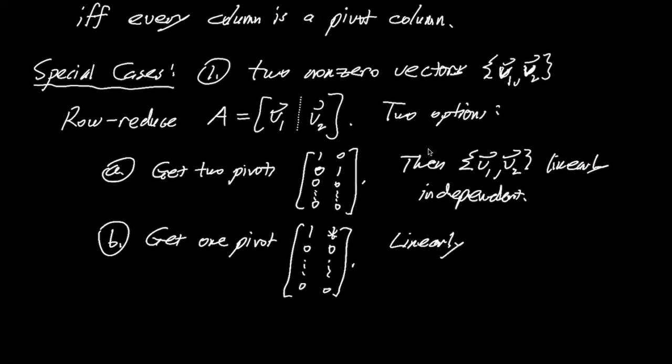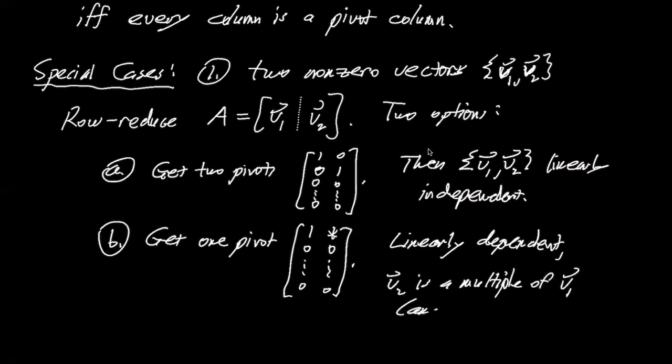But moreover, we can see that v2 is a multiple of v1, or vice versa. Again, they're both non-zero vectors. So if v2 is 3 times v1, then v1 is 1/3 times v2.